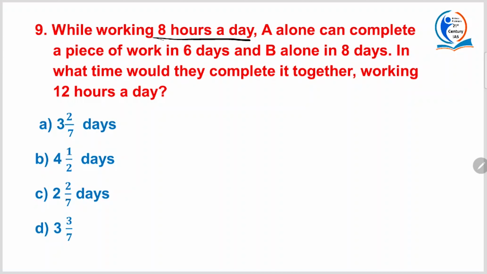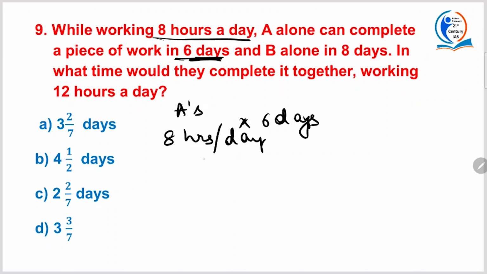While working 8 hours a day, A alone can complete a piece of work in 6 days. A's story is that he is working 8 hours per day for 6 days, which means he's totally working for how many hours? 6 8s are 48 hours.